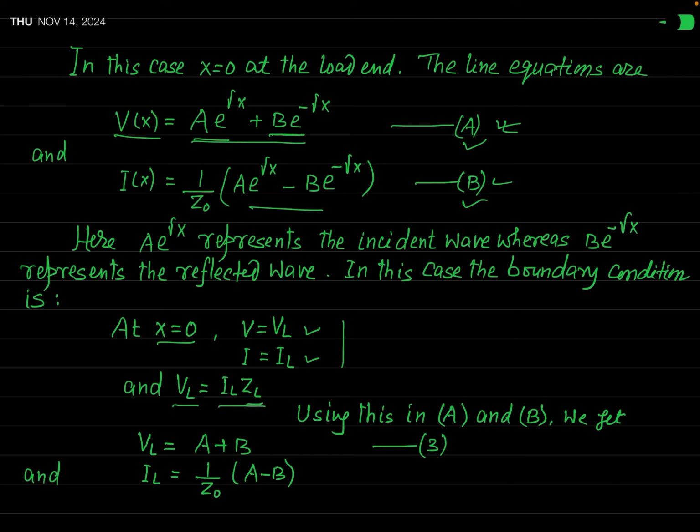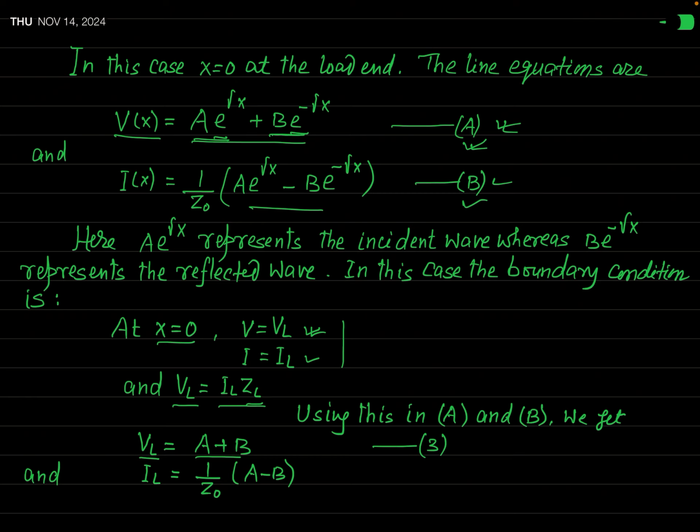When you apply this condition on equation A, we take x equal to 0, and e to the power 0 will be 1. Again e to the power 0 in the second term will be 1. So on the RHS there will be simply A plus B. But when x is 0, V is equal to VL, so in place of V of x we write VL.